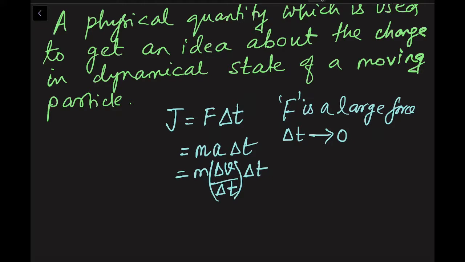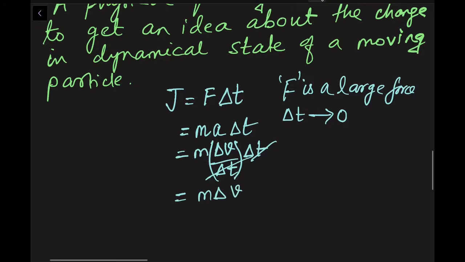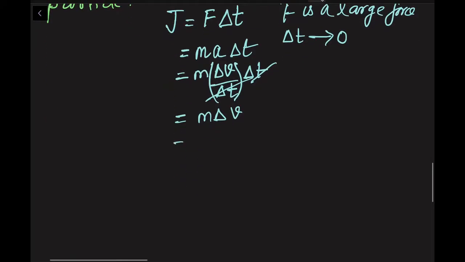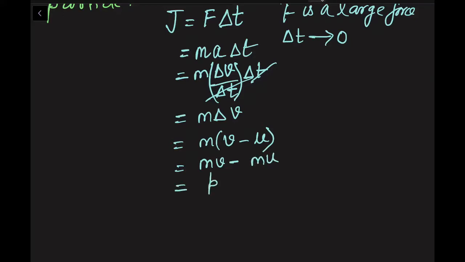Delta t gets cancelled, so I can write m times delta v. Delta v is my change in velocity, so that will mean final velocity minus initial velocity. So this is mv minus mu. mv is your final momentum and mu is your initial momentum, right? So here J means simply change in momentum.